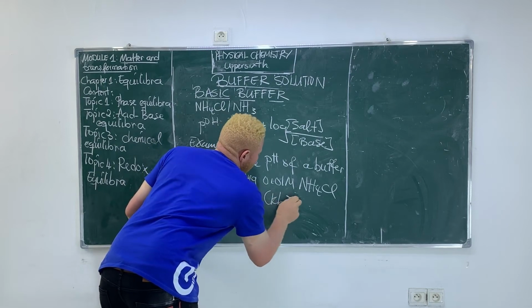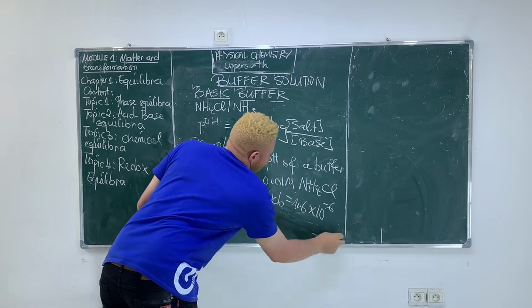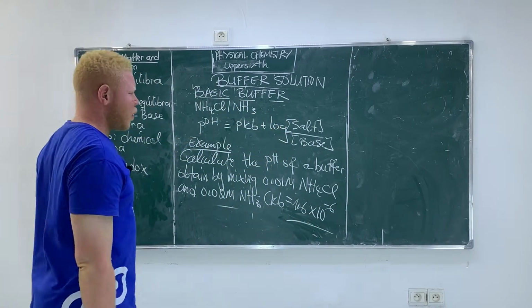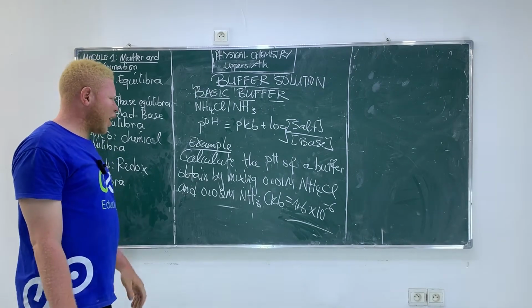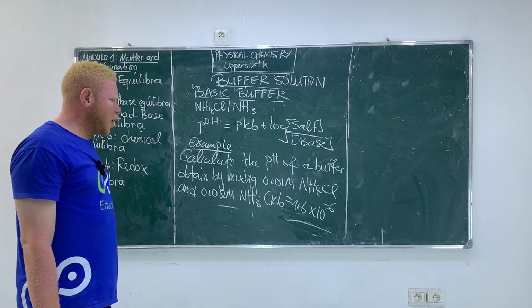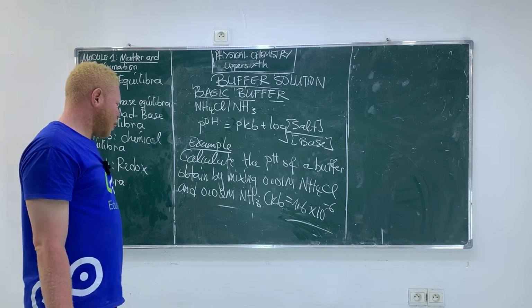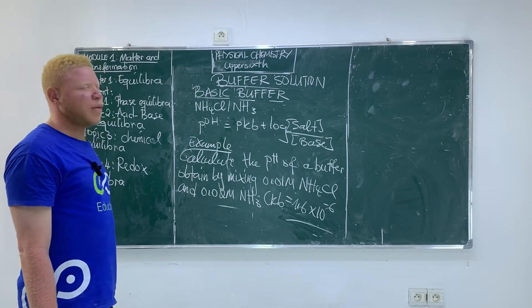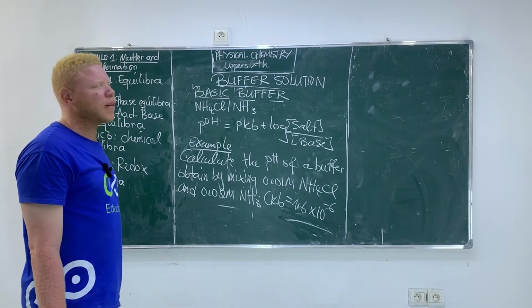Kb equals 1.6 times 10 to the minus 6. So let's read the question together. Calculate the pH of a buffer obtained by mixing 0.01 molar ammonium chloride and 0.02 molar ammonia. Kb equals 1.6 times 10 to the minus 6.